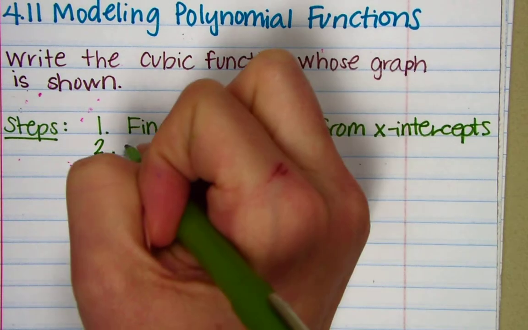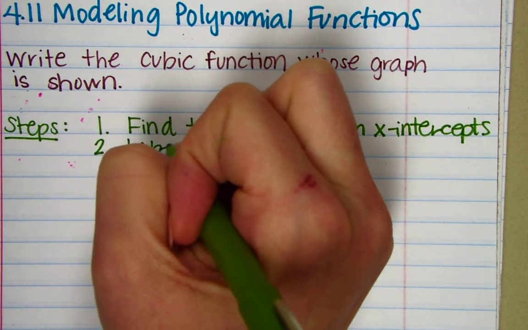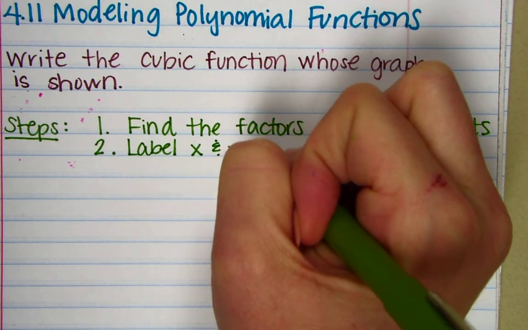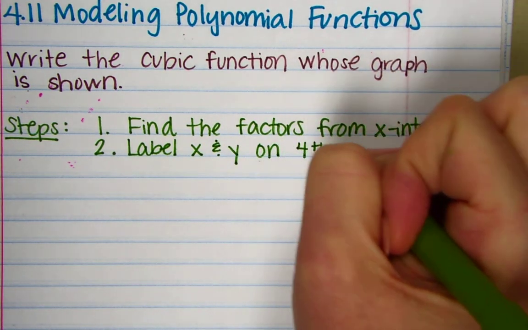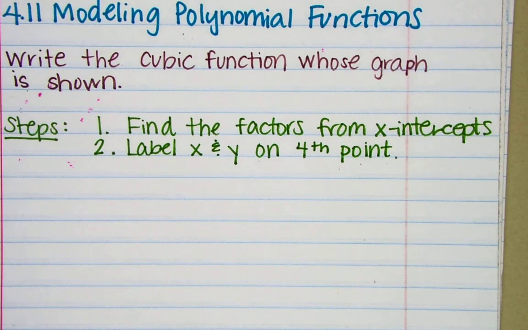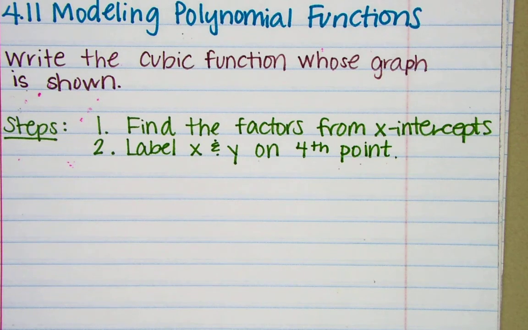Step 2 is going to be label x and y on your fourth point. They're going to give us 3 x-intercepts and 1 additional point that's not an x-intercept, okay?